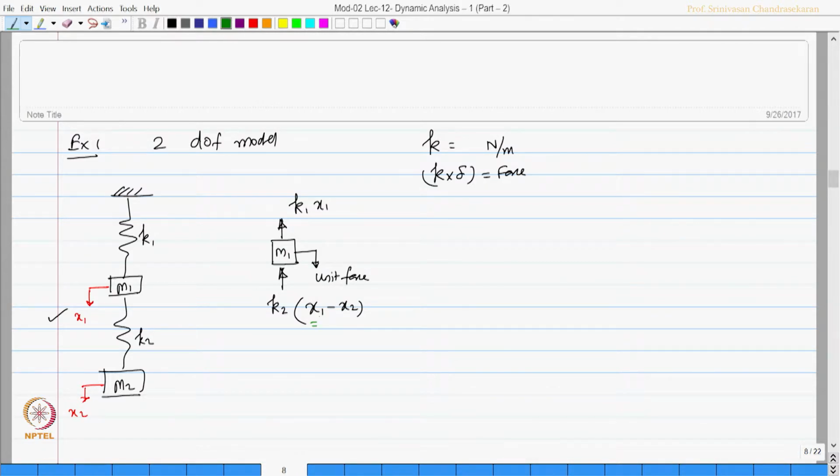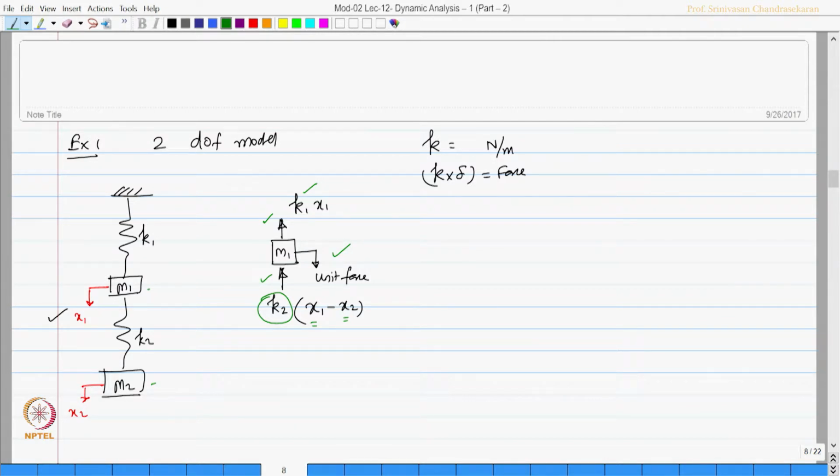X1 is the point where you are measuring the displacement or the force given, and x2 is the point where the spring K2 is connected. K2 is connected between x1 and x2. So, I say x1 x2. The direction of K2 is simple, m1 is trying to pull down, K2 will oppose m1. So, m1 tries to move down, K1 is trying to pull it up. The direction and the force value are very clear in this particular figure.